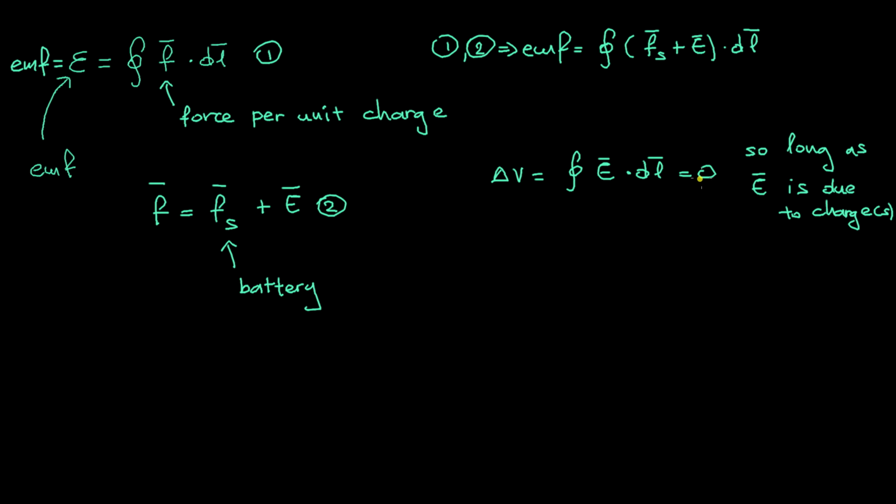I just want you to remember, when we talk a little bit later in the class about changing electric fields and changing magnetic fields, we will encounter a case where the closed path integral of E dot dl will not be 0. So far you have seen what properties the electric field has in electrostatics.